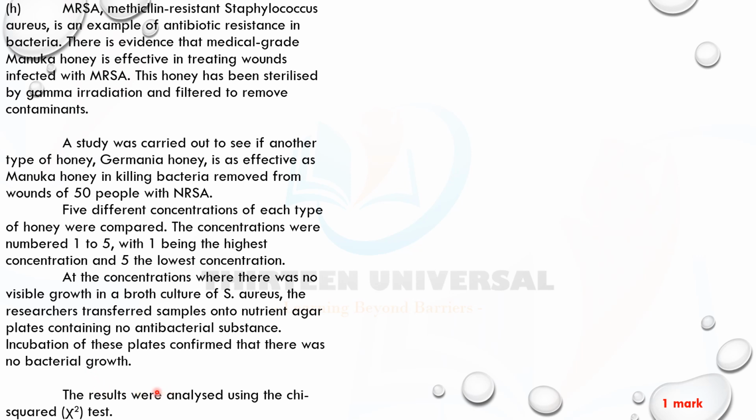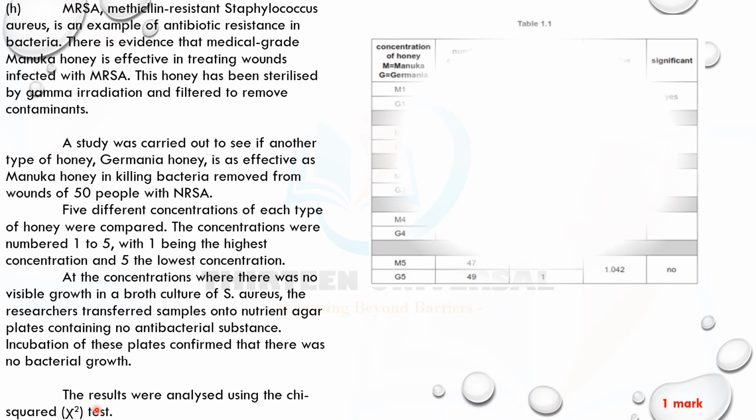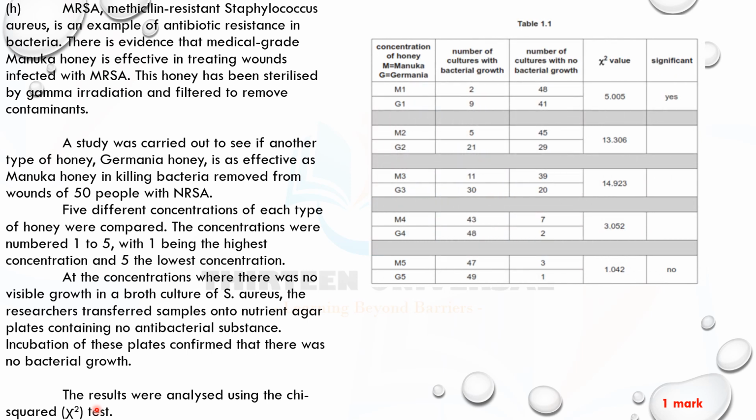The results were analyzed using the chi-square test. All right, good. See the chi-square test here. So you see, this is concentration. This is the first one, second, this is first. Comparing them, this is Manuka. Check the trend first.